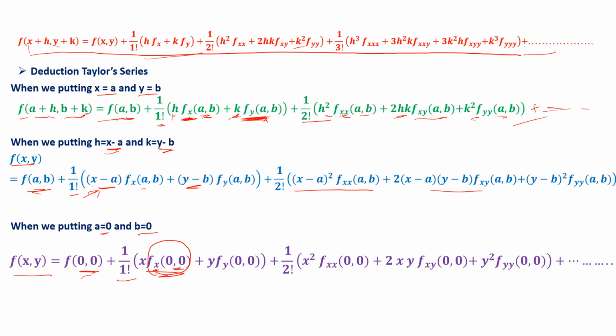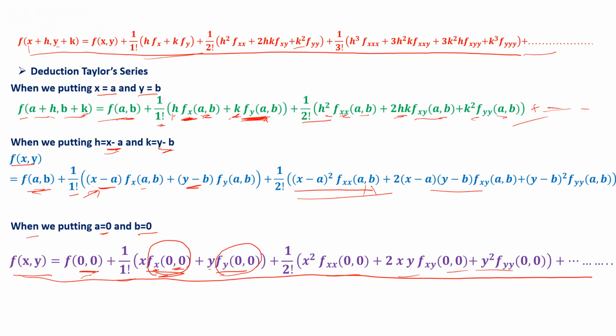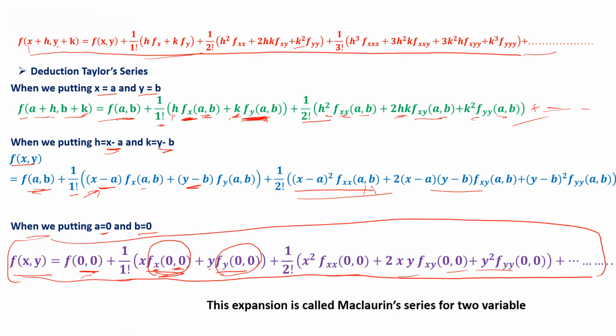And we get the third term y f_y(0, 0). It means the partial derivative of a function with respect to y at (0, 0). And similar for the other terms. We just replace (a, b) with (0, 0). So that series which is defined at origin is called the Maclaurin series for two variables.